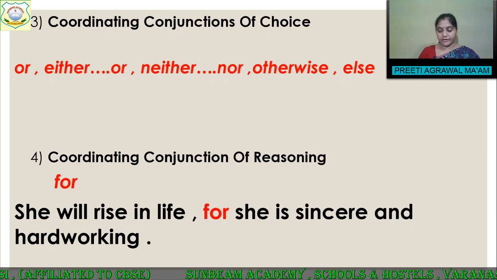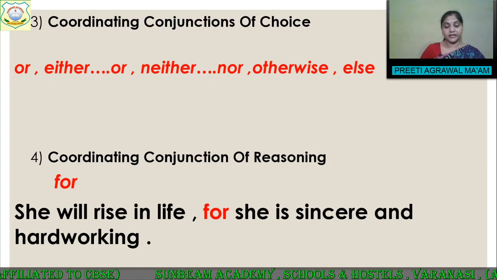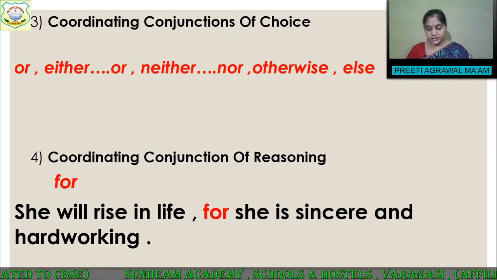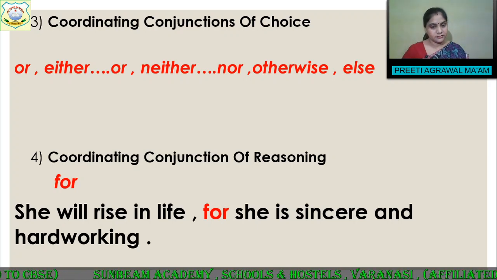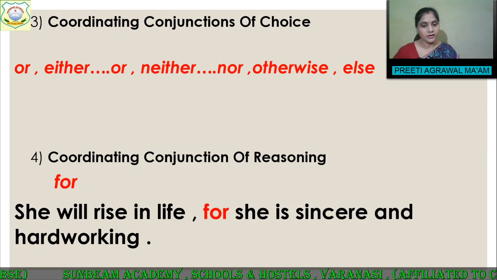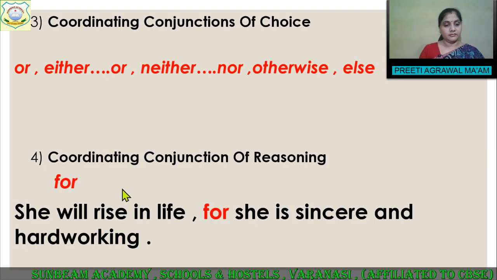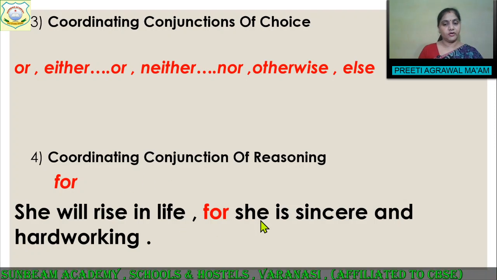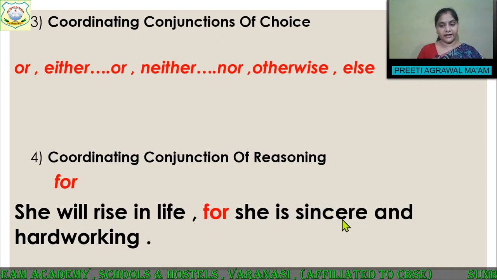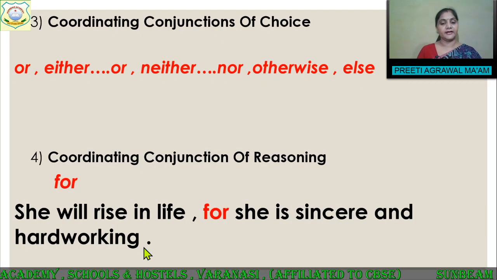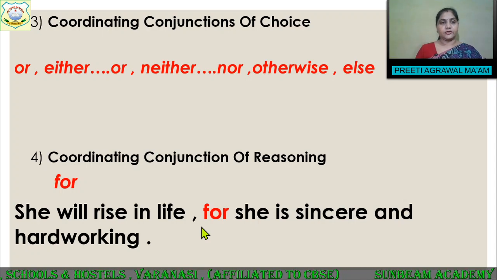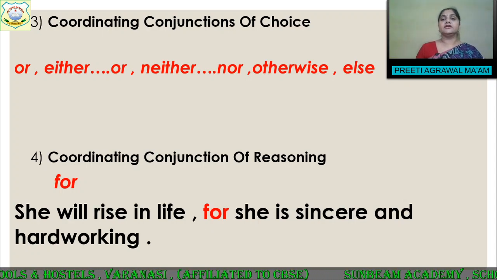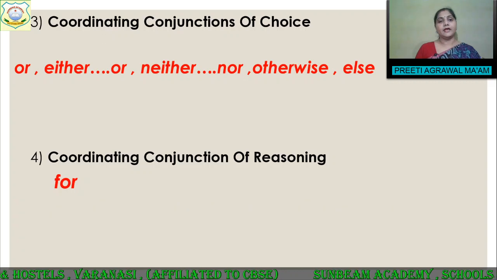But whenever there are three or more joining words or a subordinate clause, there you can use it. See, here, she will rise in life. One, she is sincere. Second one and third one is hardworking. And that's why here you can see the comma. Okay. Next one. Now these were the coordinating conjunction of choice.